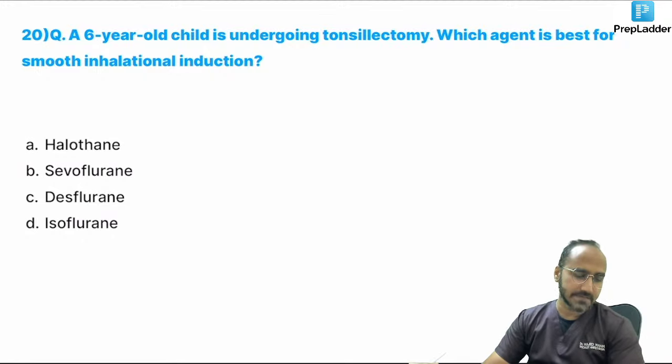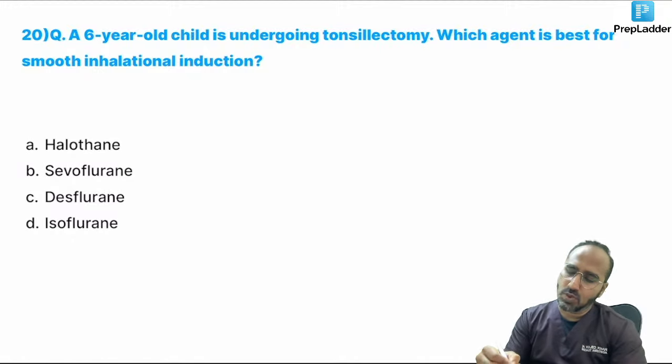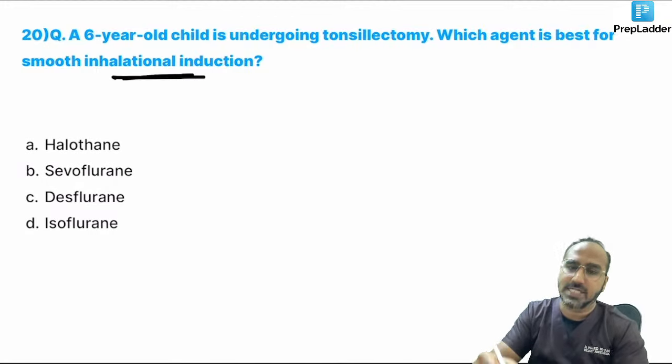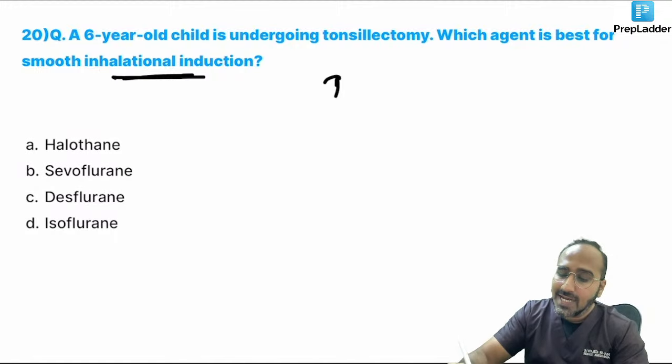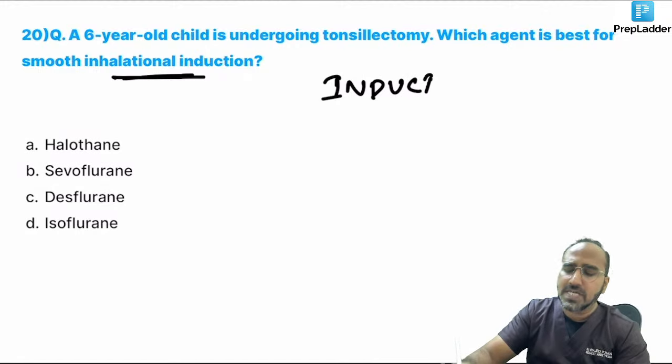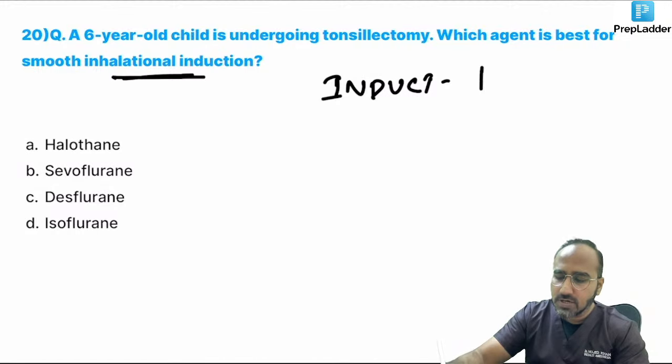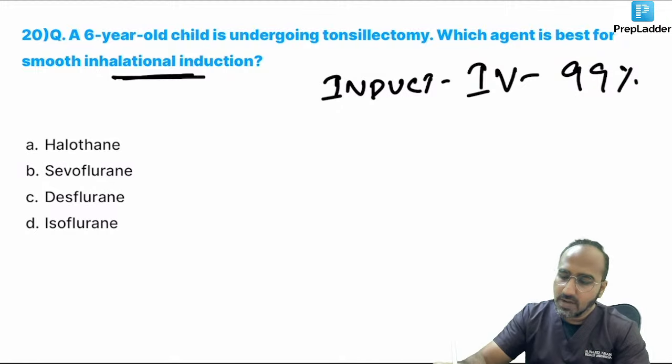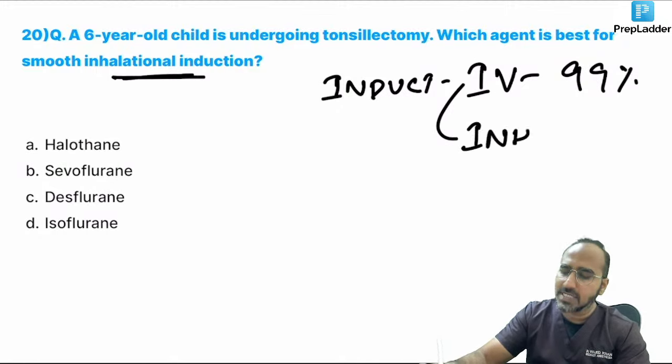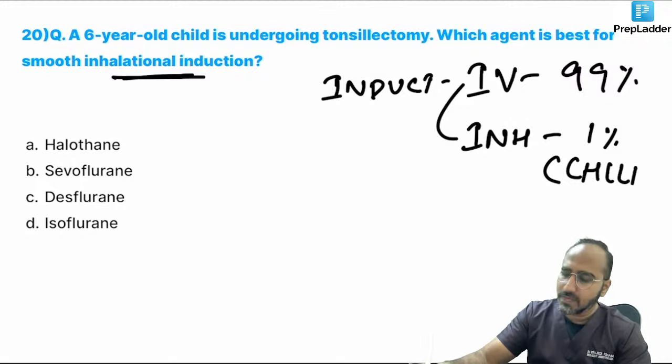Very fast acting. Next guys. A 20-year-old child is undergoing tonsillectomy. Which agent is best for smooth inhalational induction? Come on guys, when he is telling inhalational induction, first you need to understand, induction means what? You are making the patient unconscious. You make the patient unconscious 99% by IV induction only. 1% you use inhalational. That too, those will always be children.